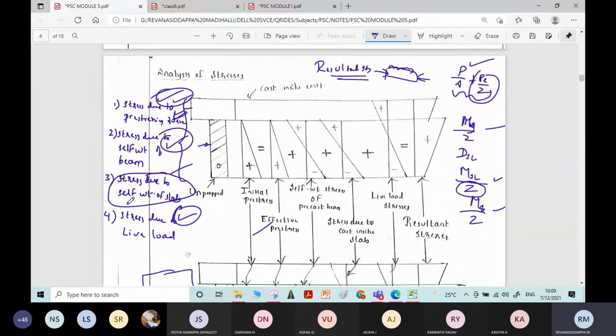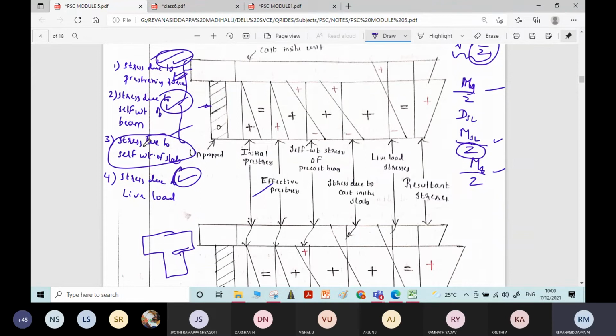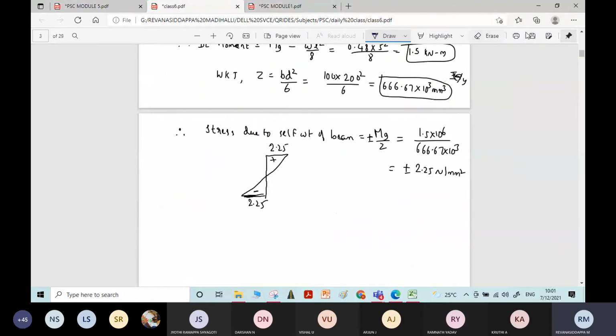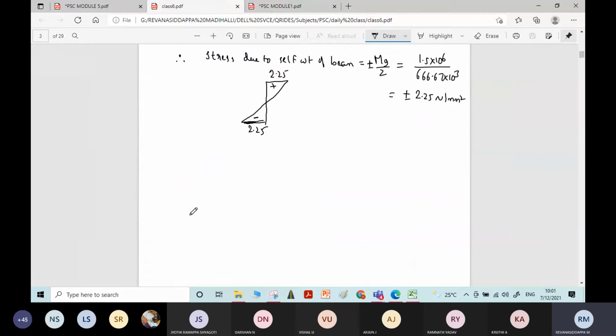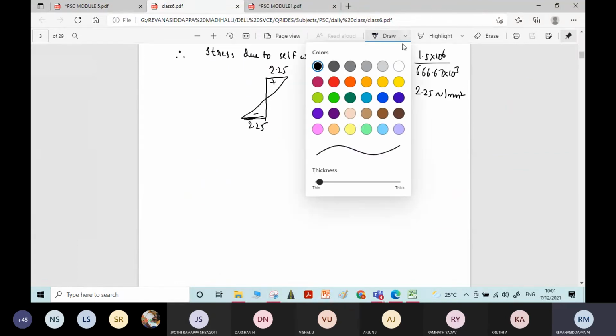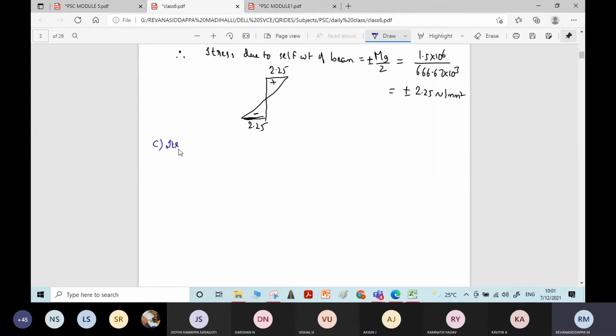Okay. Now two steps are over. The third step is to find stress due to the self-weight of the slab. That we will find now. Stress due to self-weight of slab.